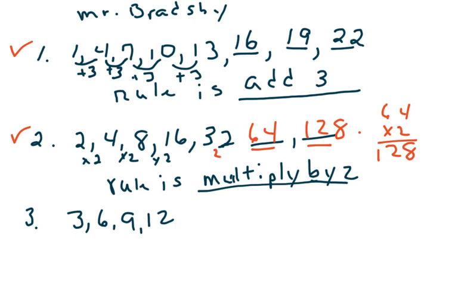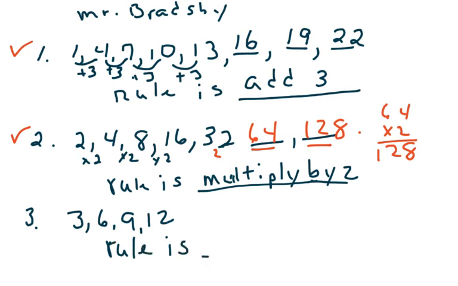Okay, here's another example. Let's see if you can figure this one out. What is the rule? I go from 3 to 6, 6 to 9, 9 to 12. What is the rule for this one?